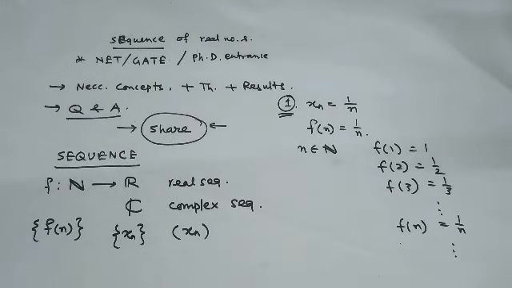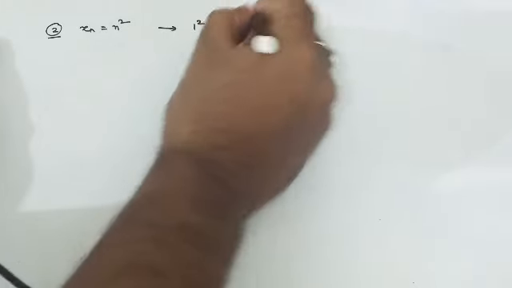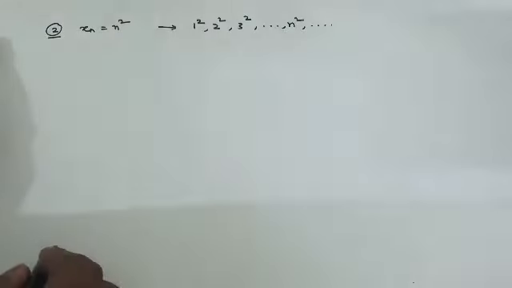Now we will consider a few more examples, because we want you to get familiar with various types of sequences. The second example: xn equals n square. So you have the terms like 1 square, 2 square, 3 square, n square, and so on.